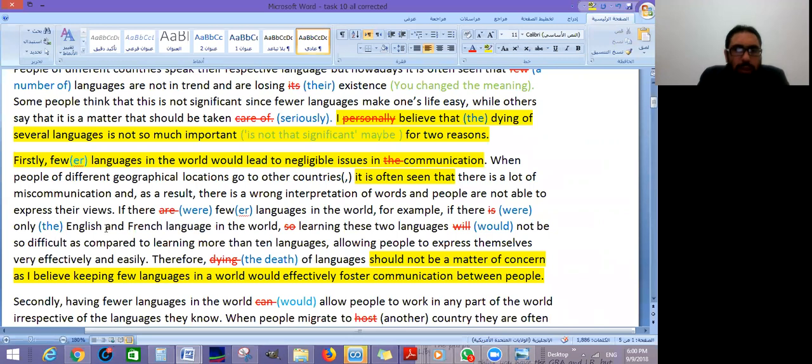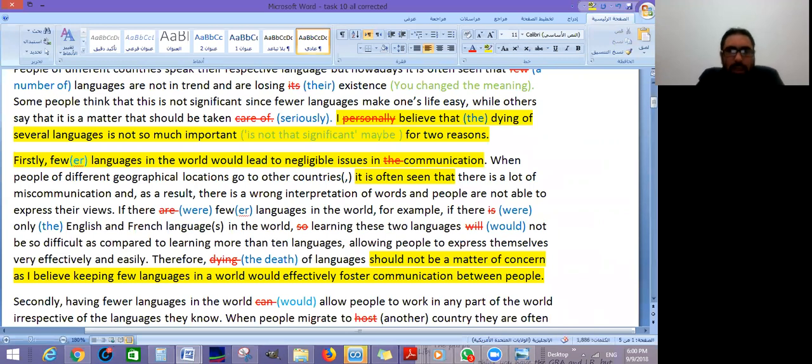If there were only the English and French language, it should be languages, yeah? We have two languages, yeah? Languages in the world. Learning these two languages would, so usually when we're imagining, we use the past simple, we use would, not be so difficult, yeah, as compared to learning more than 10 languages.